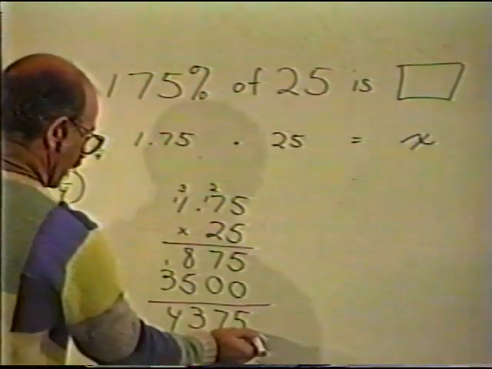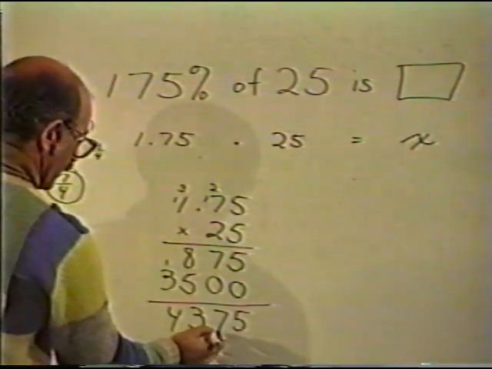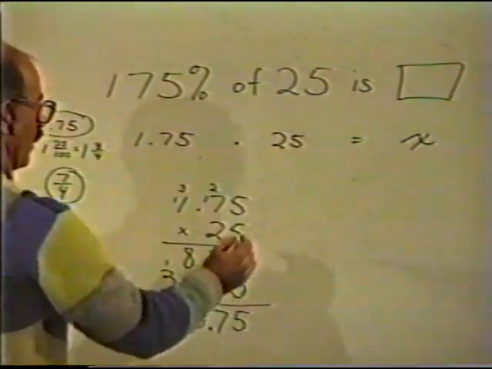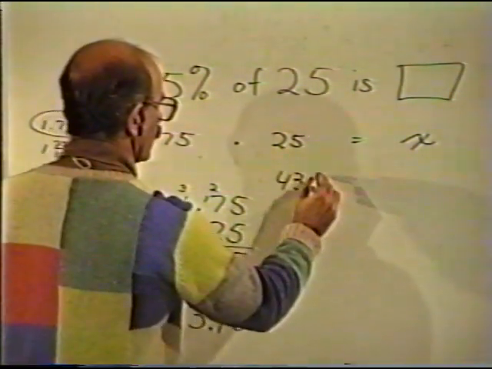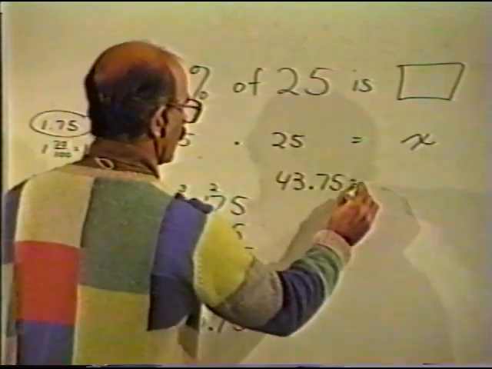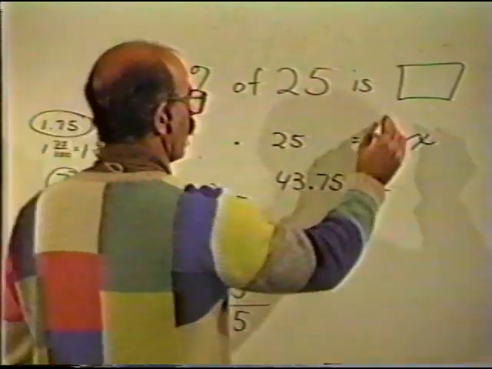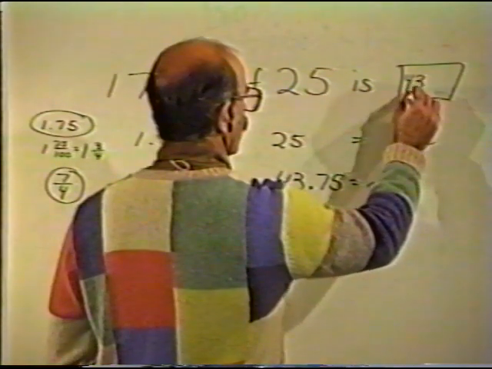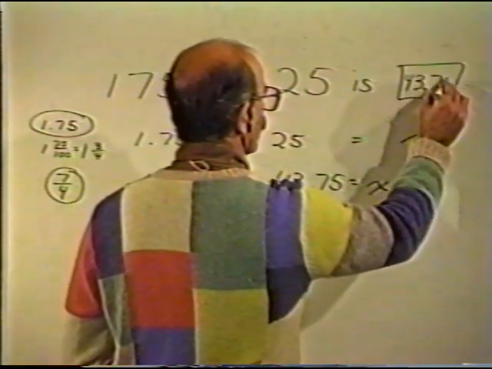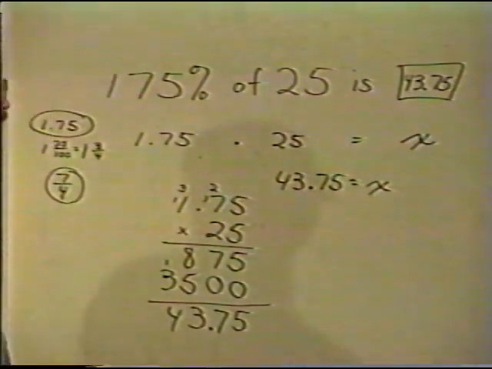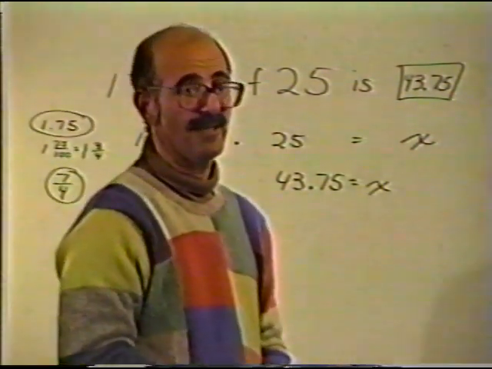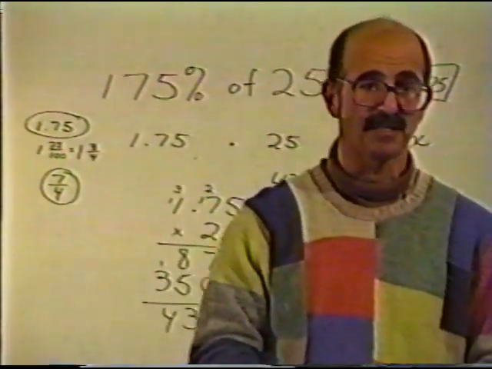So we go back 2 places and put in our decimal point. Our answer is 43.75 equals x. And we can write that in the box. Please read that number. 43 and 75/100.